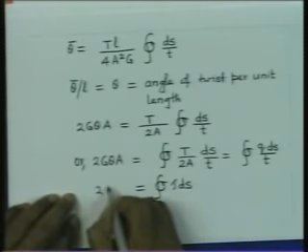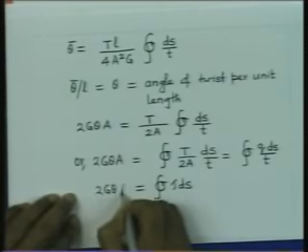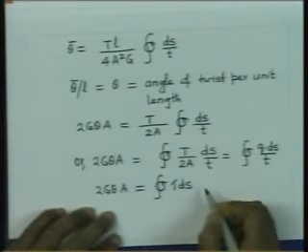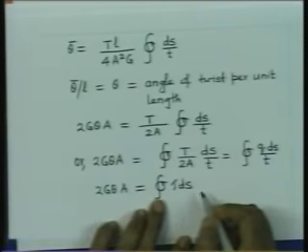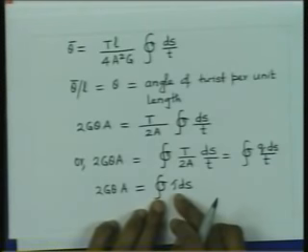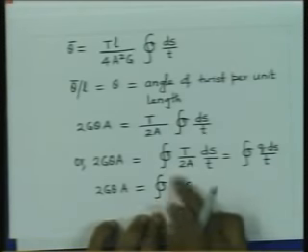So, twice G theta into A is equal to the integral of tau over the whole of the boundary. So, this is the relationship to find out the angle of twist per unit length.